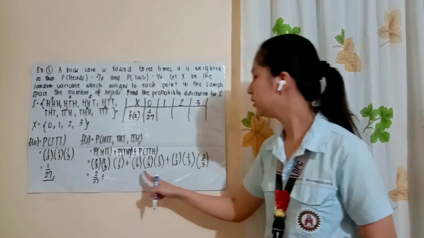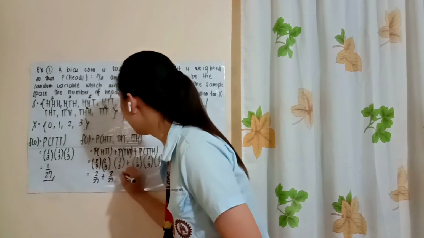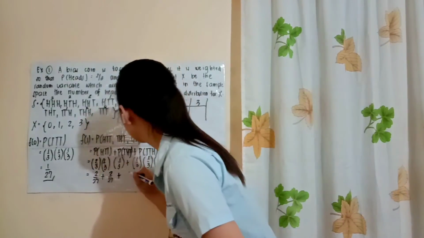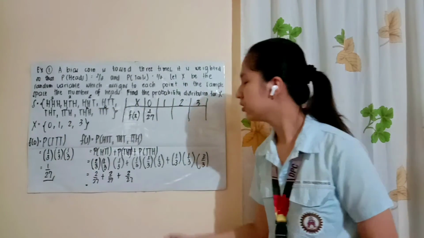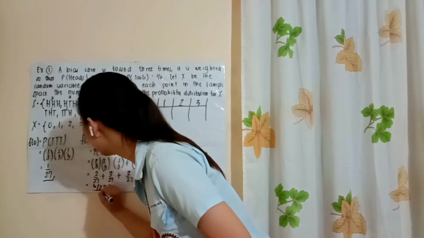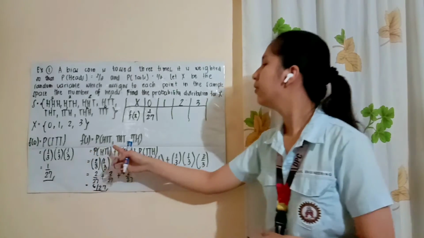Next, 1/3 times 2/3 times 1/3 is 2/27. Then 1/3 times 1/3 times 2/3 is 2/27. When we add the three, we get 6/27.